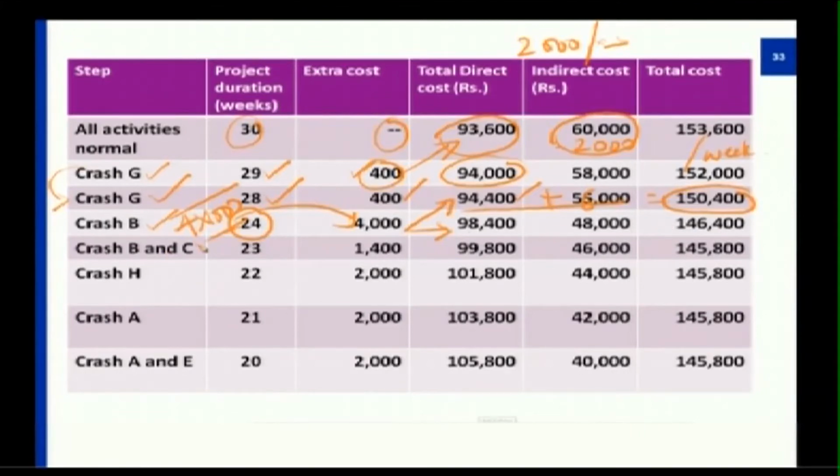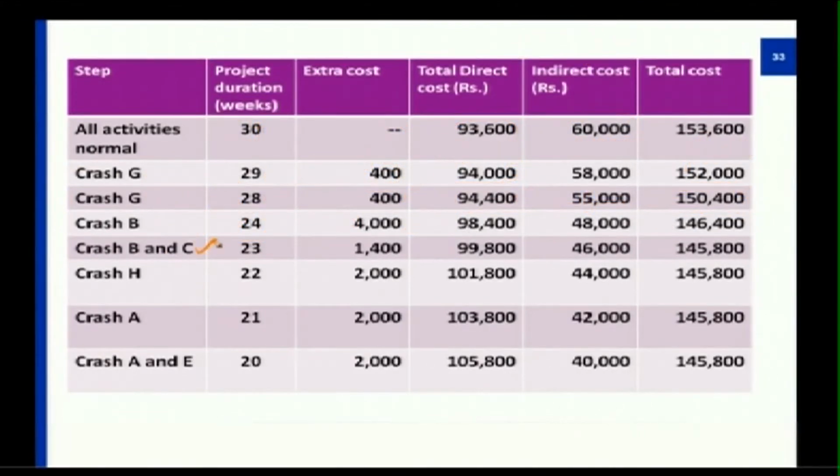Again, if I am trying to crash B and C together by a week, that might take an extra cost of 1,400. So 1,400 to be added to 98,400, which will be 99,800, whereby the indirect cost again will get decreased to 2,000. So the sum of these two, 99,800 plus 46,000 will be 1,45,800.